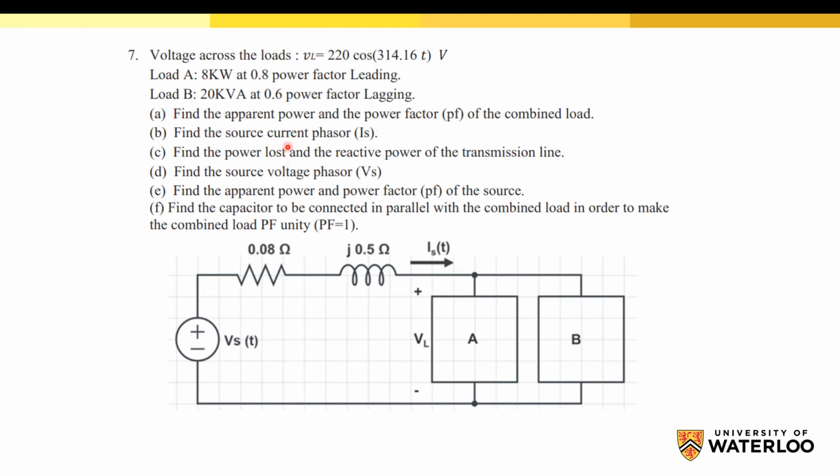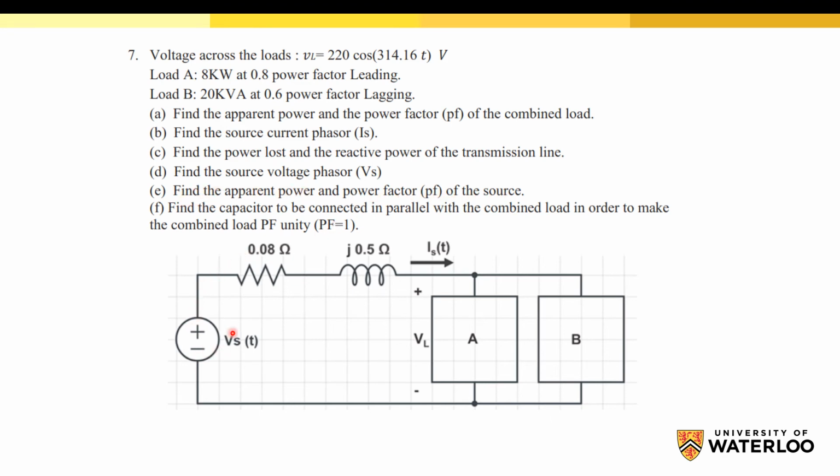We need to find the source current IS, and then we need to calculate the power loss and the reactive power loss of the transmission line. Then we need to find the source voltage Vs. After that, we need to calculate the apparent power and the power factor of the source.